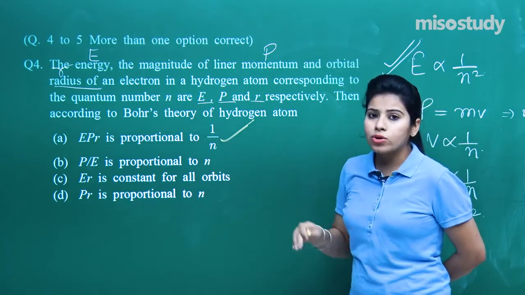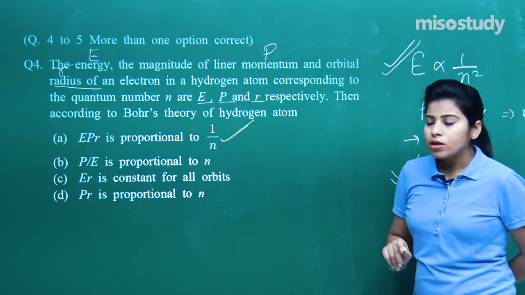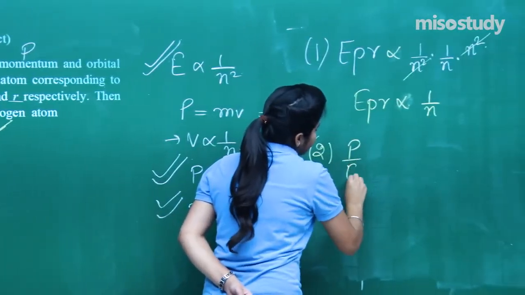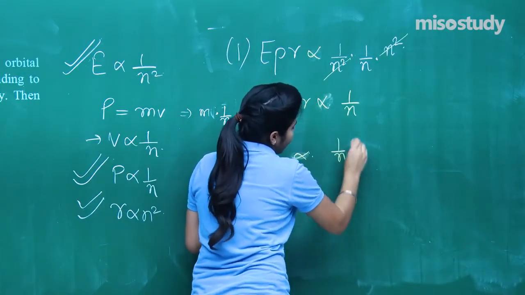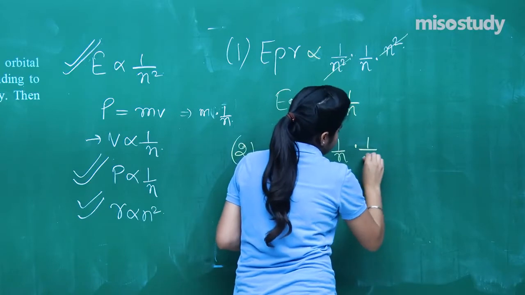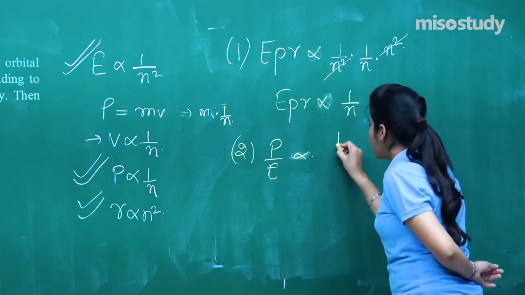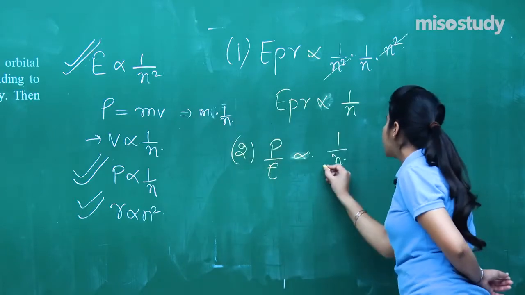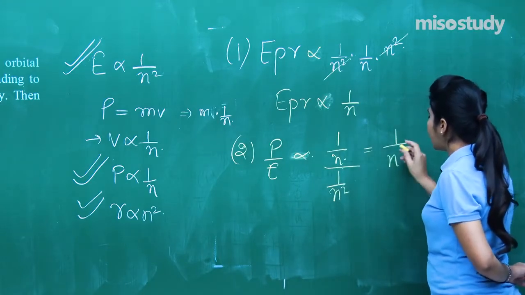Now let us see all the options that have been left. P by E is proportional to n. So we will now do it for P by E. P was proportional to 1 by n and E was proportional to 1 by n square. So P by E, we can write as 1 by n over 1 by n square.